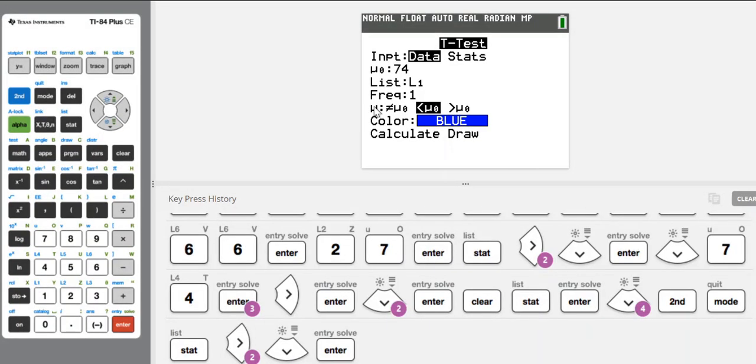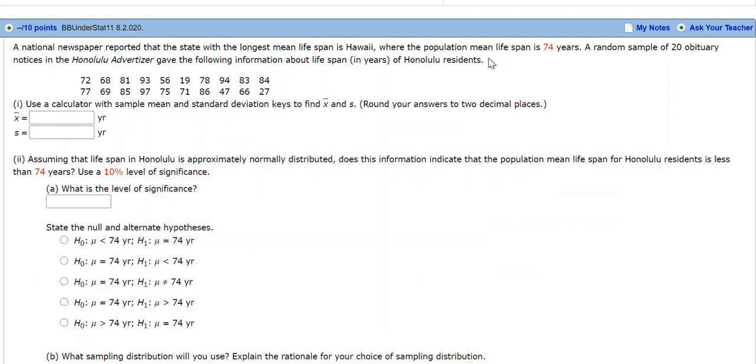So I use the student's t, or the t-test, with the data in list 1. Then I go down to mu naught, and mu naught is 74, because the proposed population mean lifespan is 74. That's what I compare to in my test.